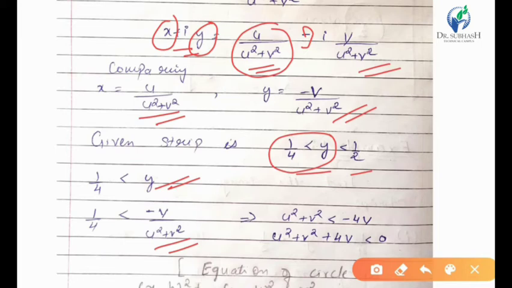So by cross multiplication, this term will multiply with 1 and 4 will be multiplied with minus v. So here we get u square plus v square is less than minus 4v. Now minus 4v we will transfer to the left side. We get u square plus v square plus 4v less than 0.